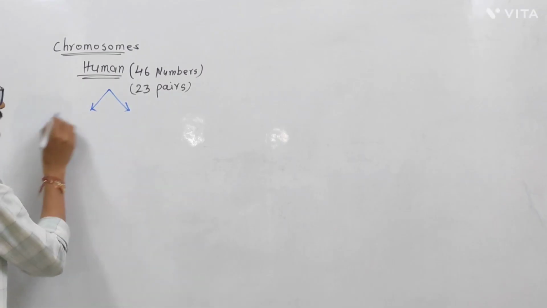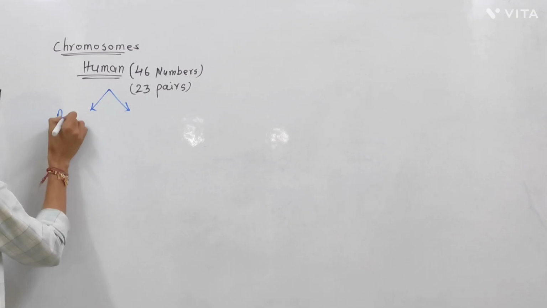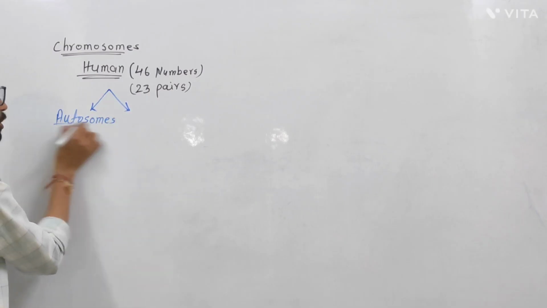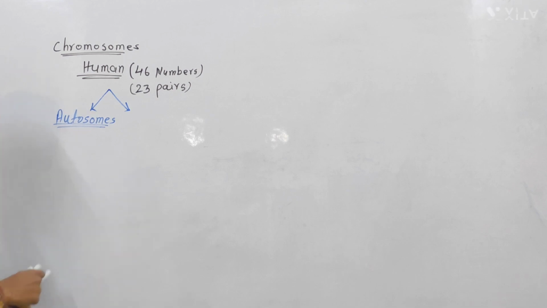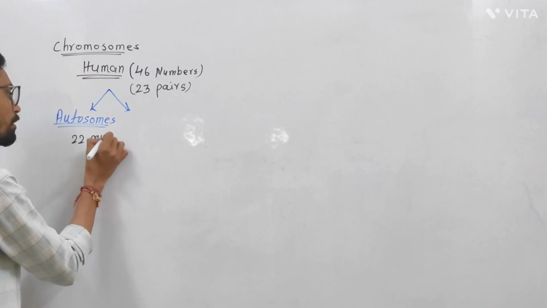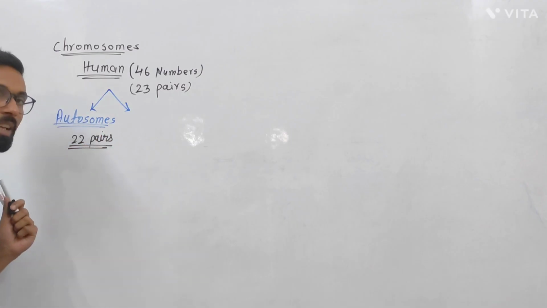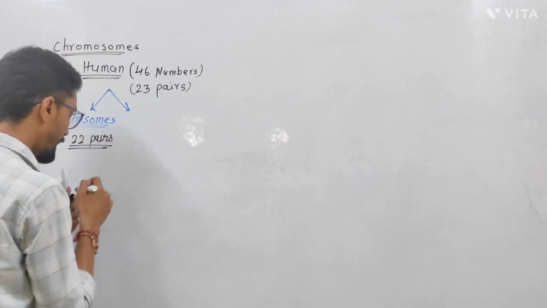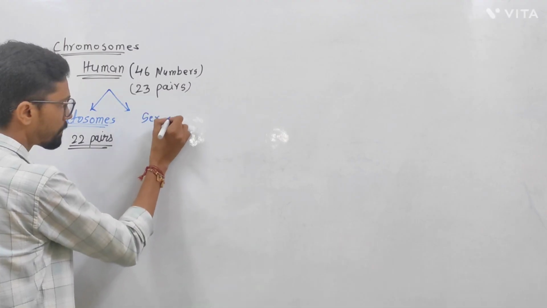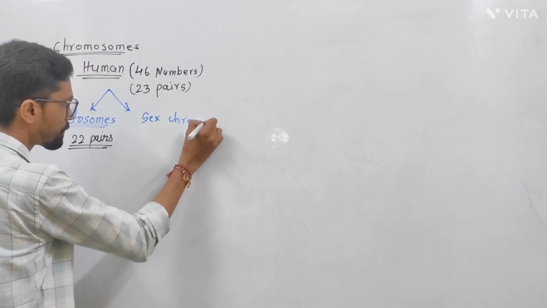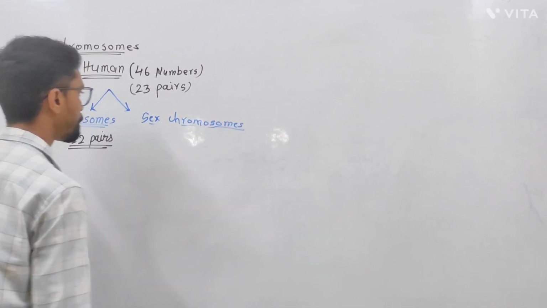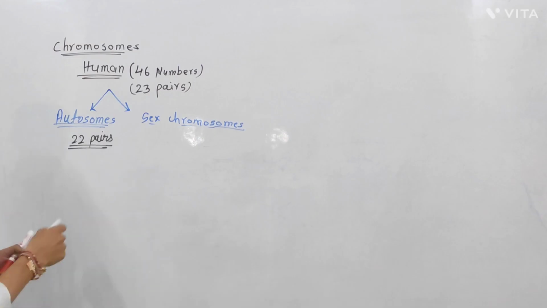One is called autosomes, which have 22 pairs of chromosomes, and the second one is called sex chromosomes, which have one pair.